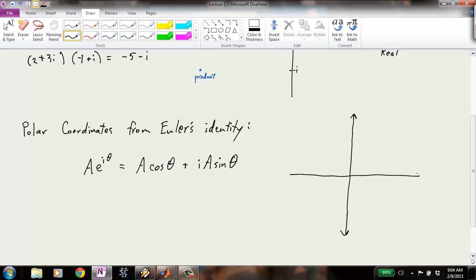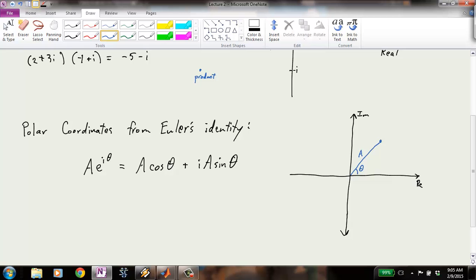Again, here's the complex plane. We've got real, we've got imaginary. And we have a point here. If we consider the distance to that point from the origin to be capital A, and the angle to the real axis as theta, then this point is exactly A e to the i theta.